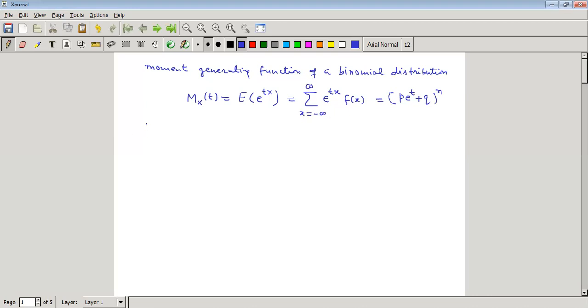With the help of the moment generating function, we can find the mean and variance of the binomial distribution.